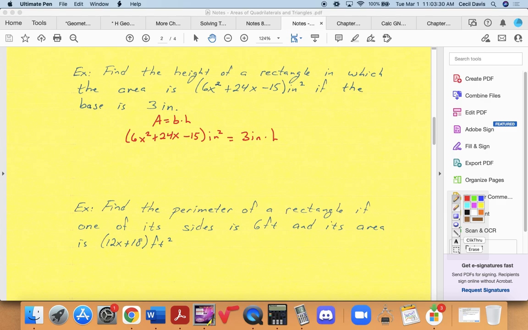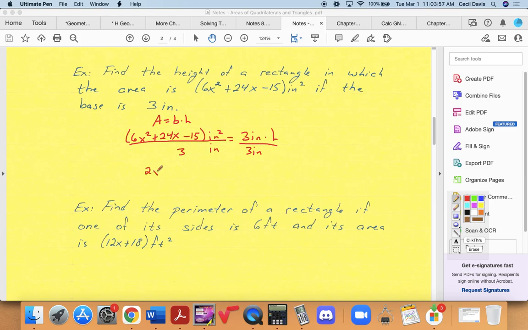Algebraically, how do I solve that for the height? Move everything on one side other than H. Yeah, how do I do that? Divide by what? Oh, 3 inches, yes. Divide both sides by 3 inches. So I'll divide each of the 3 terms in the numerator by 3.